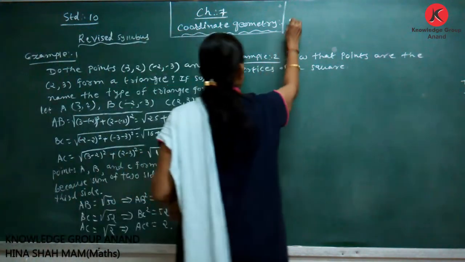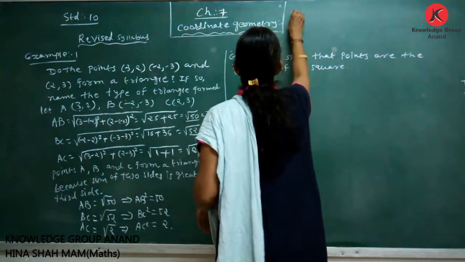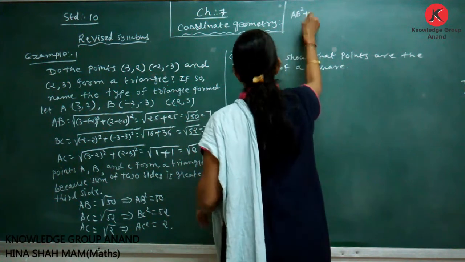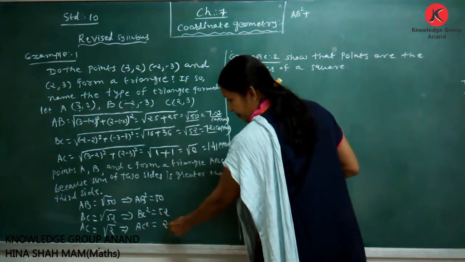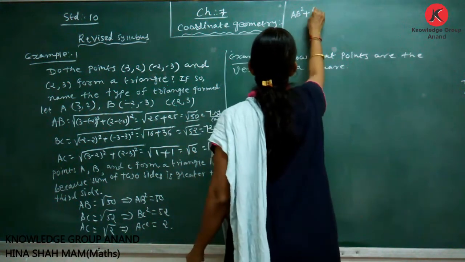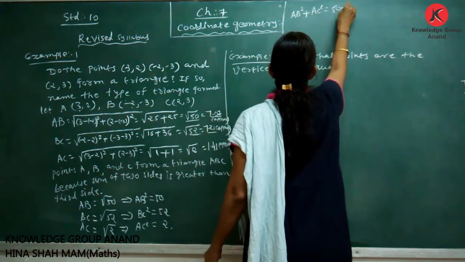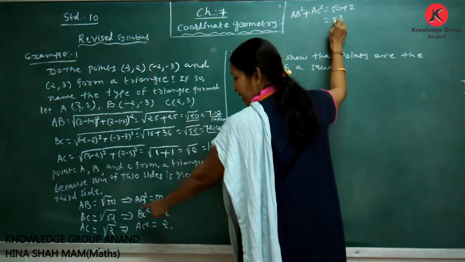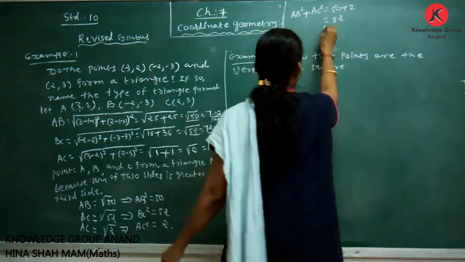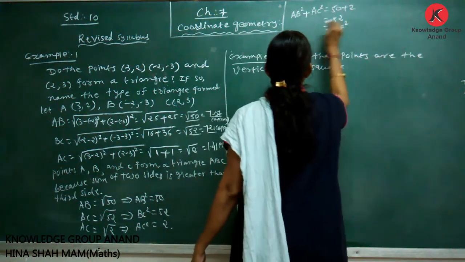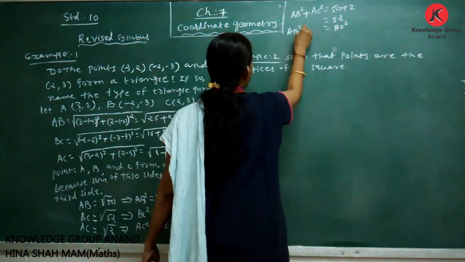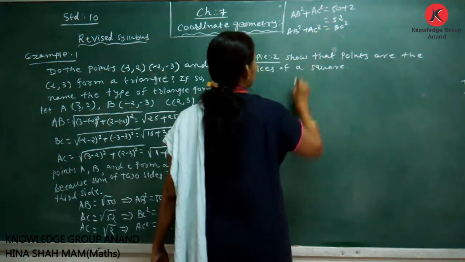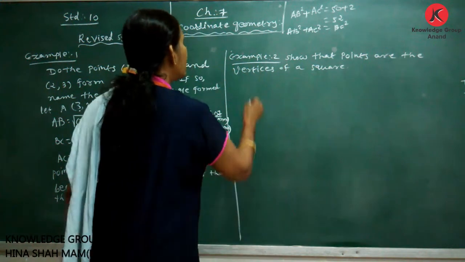Therefore AB square plus AC square is equal to 50 plus 2, which is 52, equal to BC square.